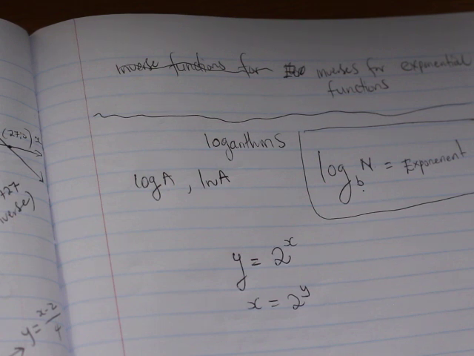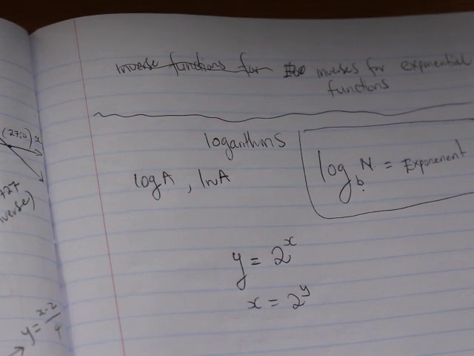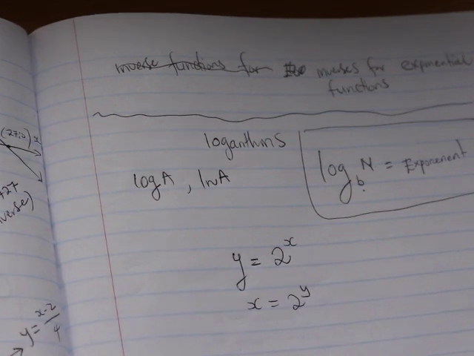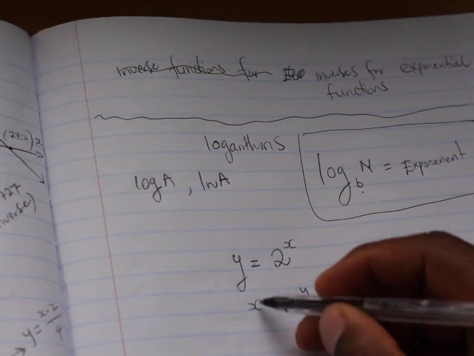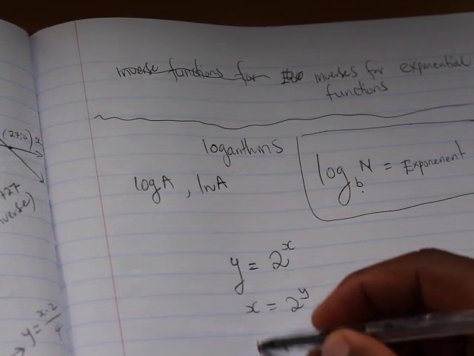And then now we're stuck. How do we then make our y the subject of the formula, right? That's where the logarithms come in, okay? Because this over here represents our number.